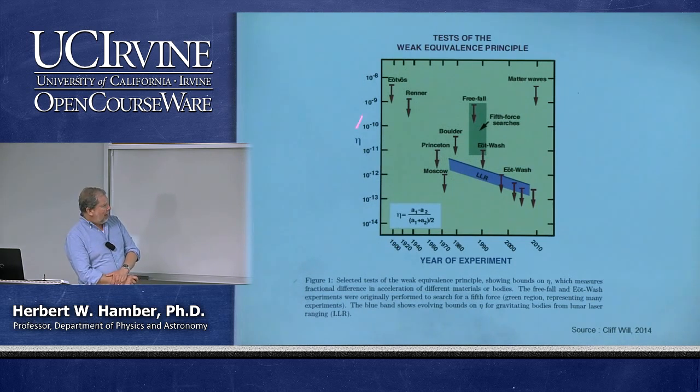And of course, nowadays, we have progressed very significantly. Eötvös experiment was extremely accurate for his days, right? So it was really quite an achievement back then. But nevertheless, since then, there have been other similar experiments.